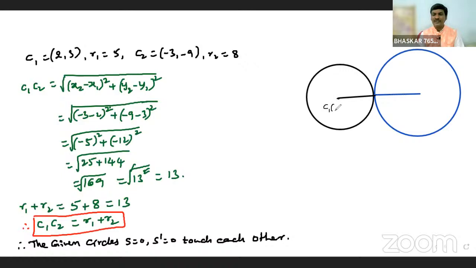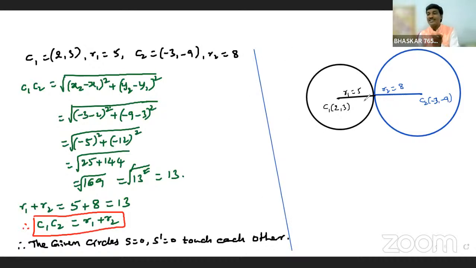C1 is the center of the first circle, that is 2, 3, and radius R1 is equal to 5. The second circle center is C2, that is minus 3, minus 9, and radius R2 is equal to 8.